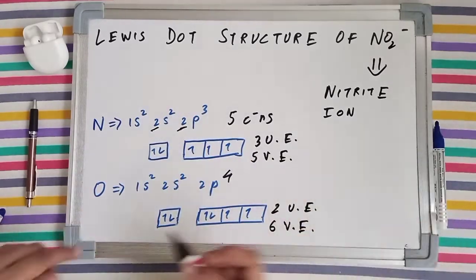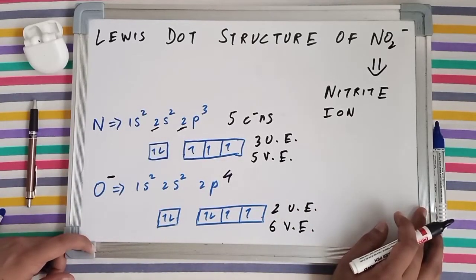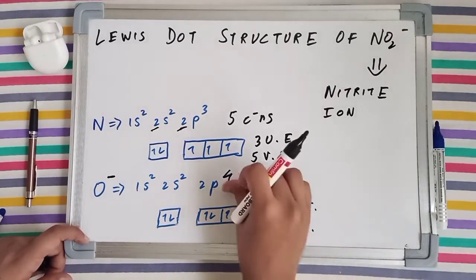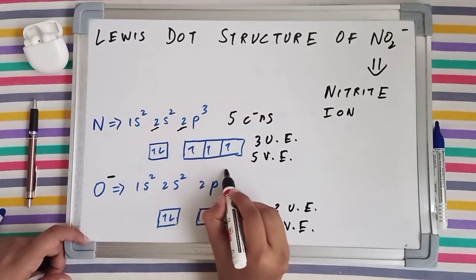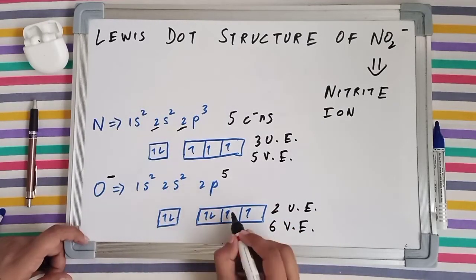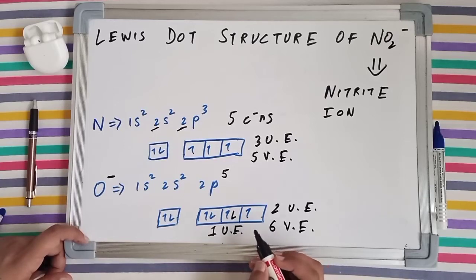Now, what will be the case for O minus? A negative charge on O minus means that it has gained an extra electron, which will make its electronic configuration 1s2, 2s2, 2p5. The extra electron makes its number of unpaired electrons 1, and the number of valence electrons 2 plus 5, 7 for O minus.